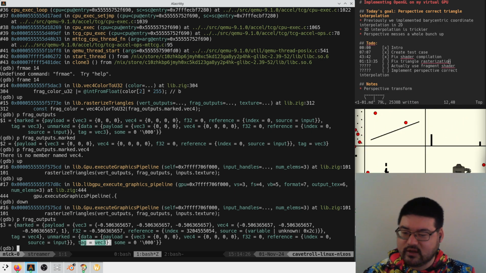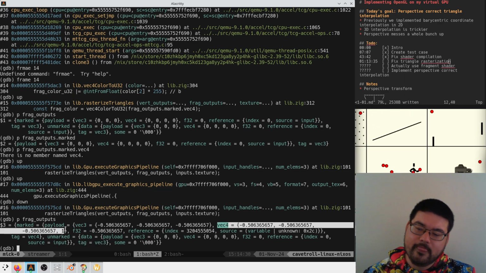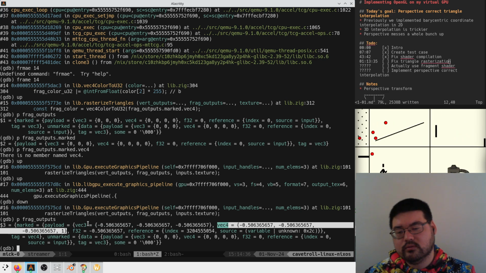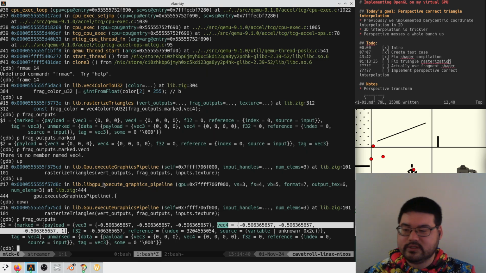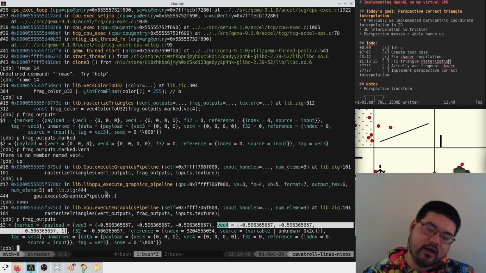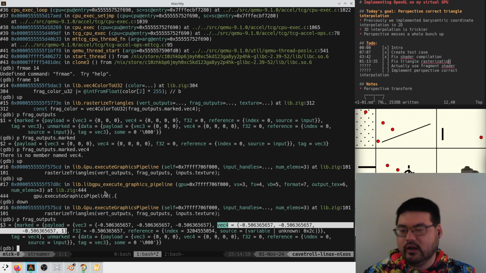And the tag is vec3. But this looks kind of reasonable to me. What is our shader output supposed to be? It's supposed to be some signed value like sine x, right?